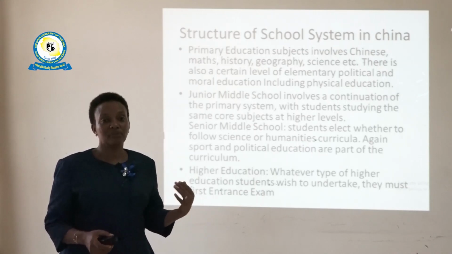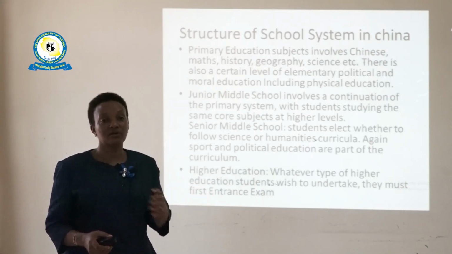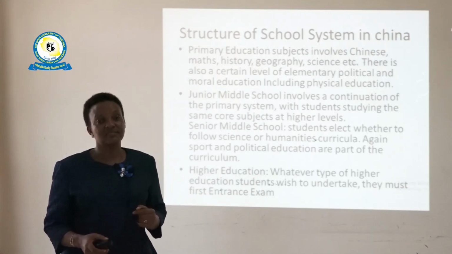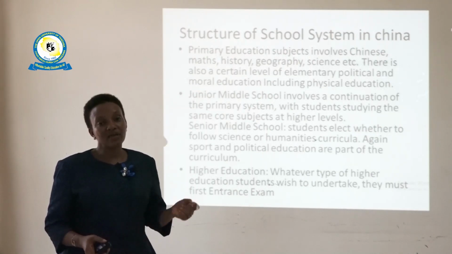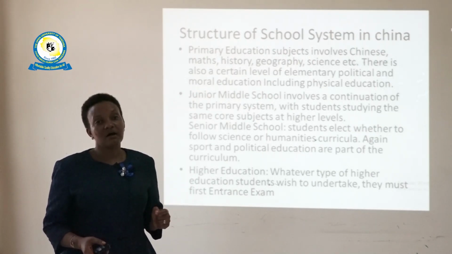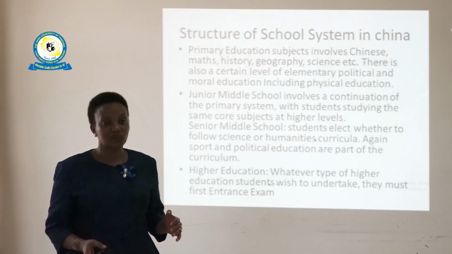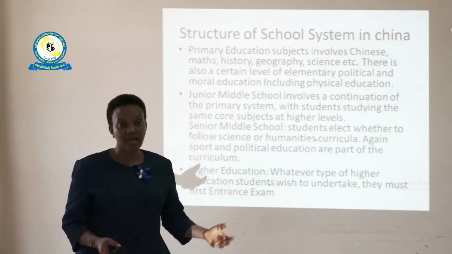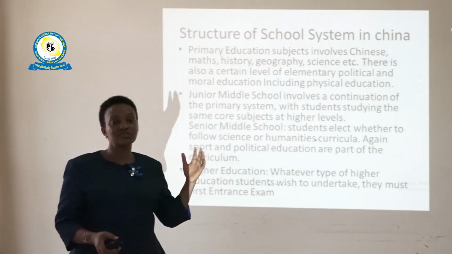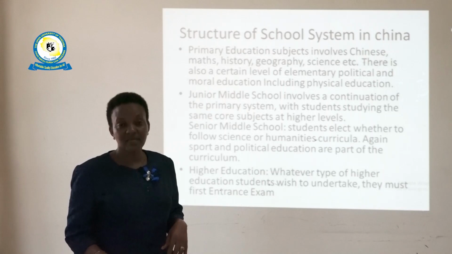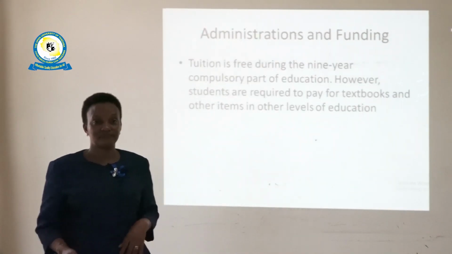Again, sports and political education are part of the curriculum in the senior middle school. For the higher education students wish to undertake, they must first do the entrance exam. So to enter into higher education in China, he or she has to pass the entrance examination.